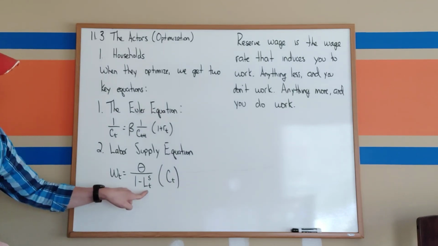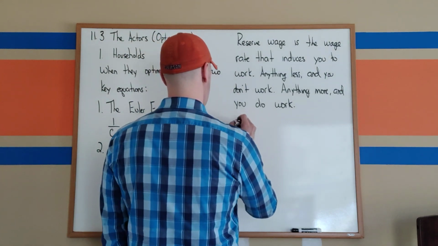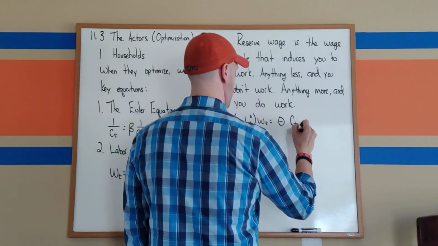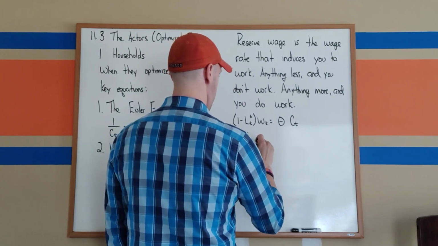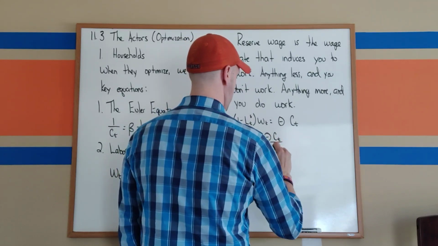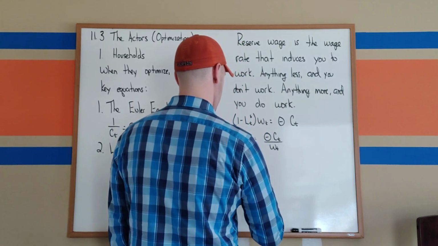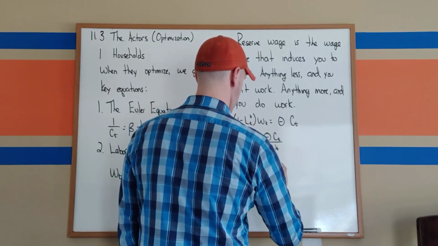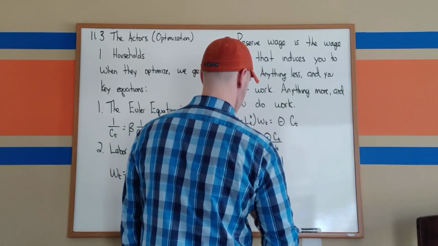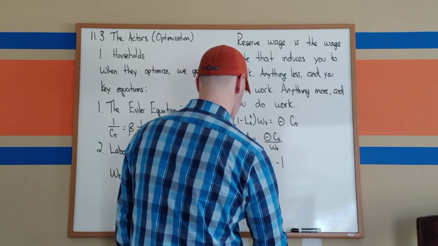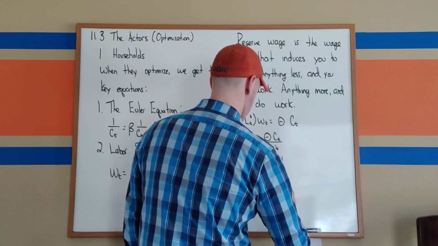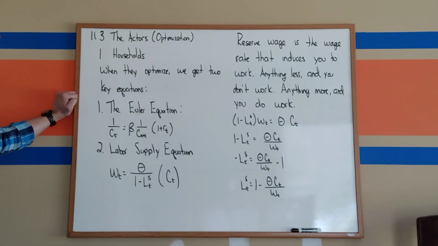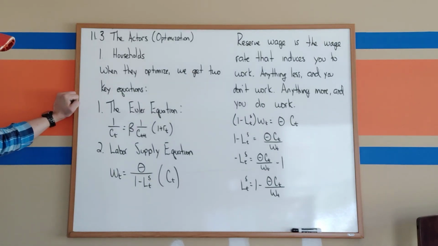Let's put this in terms of LT instead of W. All right, well, if we solve that out in terms of labor supply, so we're thinking about the hours that we want to work now, we're going to get 1 minus theta times CT.